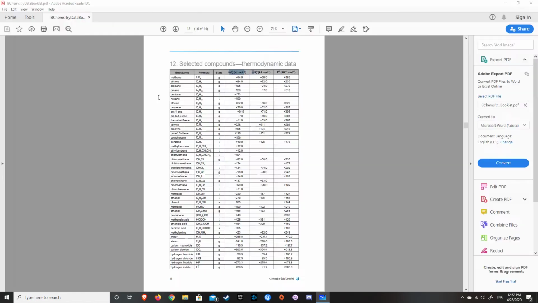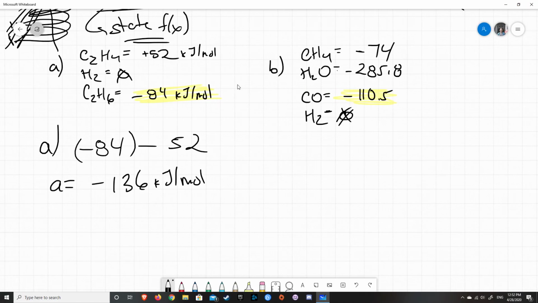And C2H6 is negative 84. Good. So negative 84 minus 52 is negative 136 kilojoules per mole.